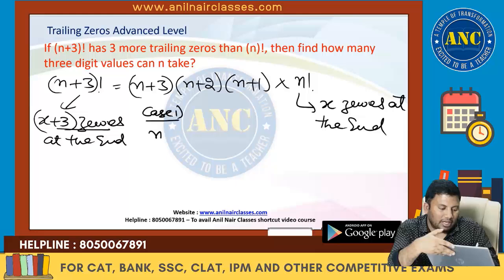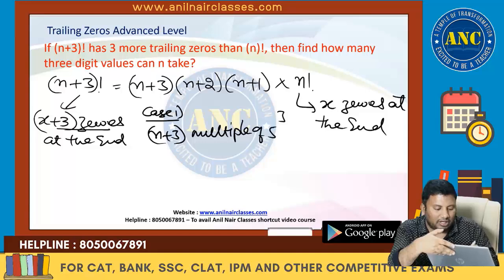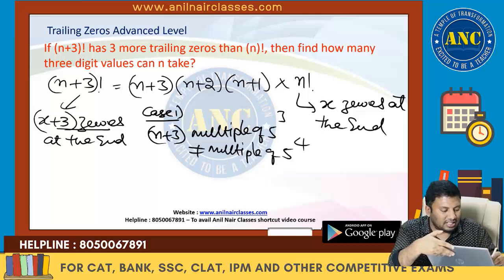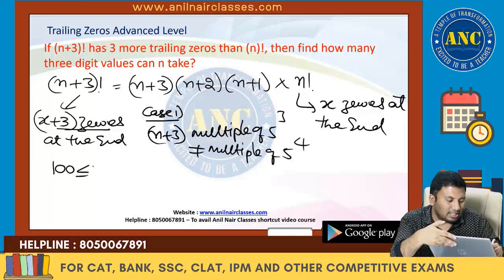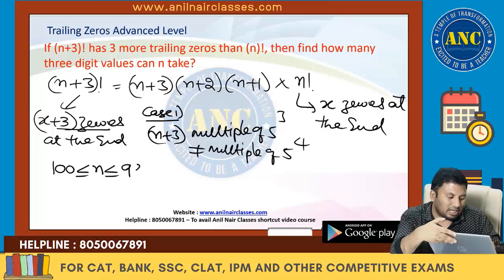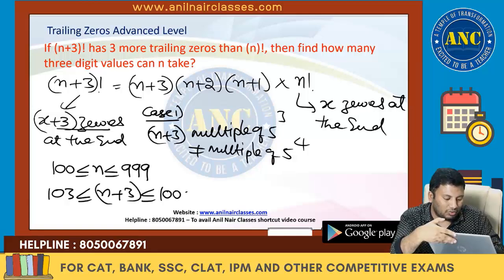Case 1: n plus 3 should be a multiple of 5 cubed, but not a multiple of 5 power 4. Because it is a 3-digit number, 100 ≤ n ≤ 999, so 103 ≤ n+3 ≤ 1002.